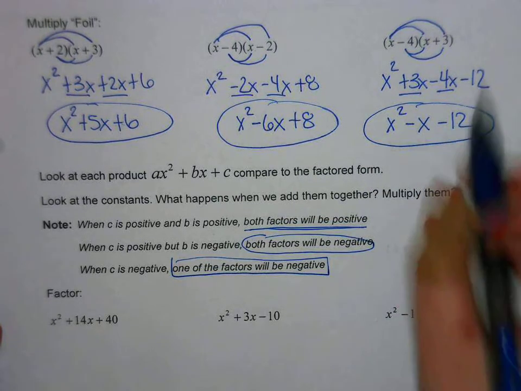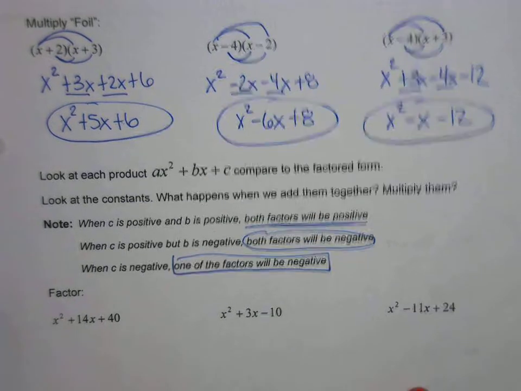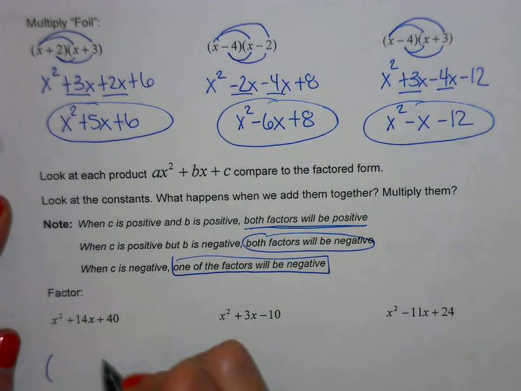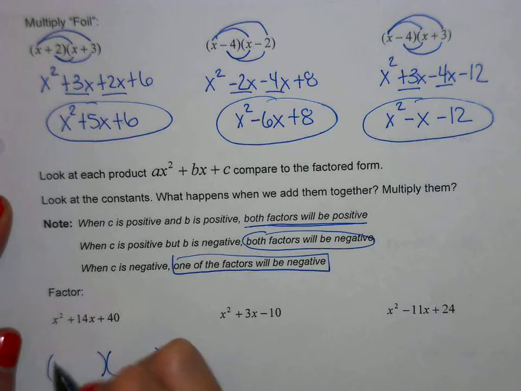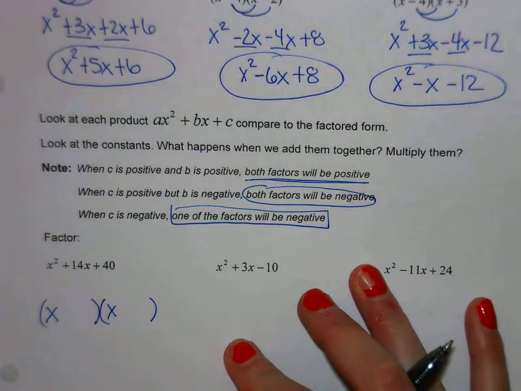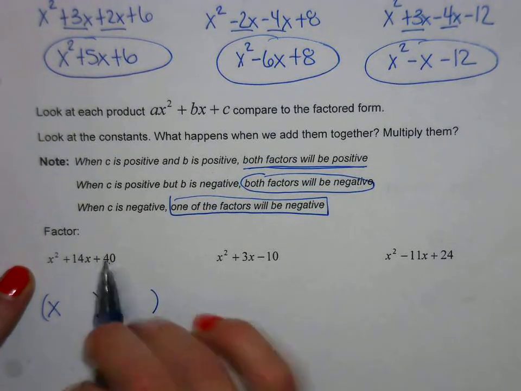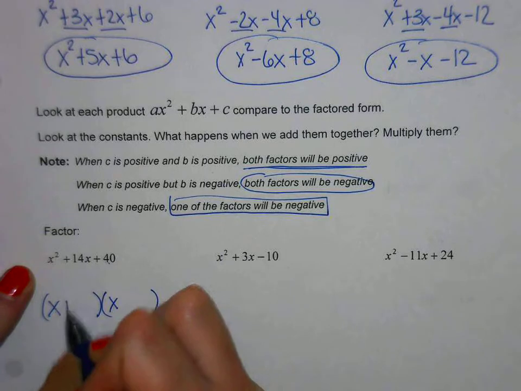So let's factor these. I know x times x will get me my x squared. I know that both my b and c are positive, so both of my factors will be positive. So now I want to factor my 40.